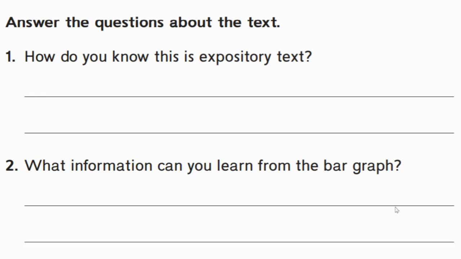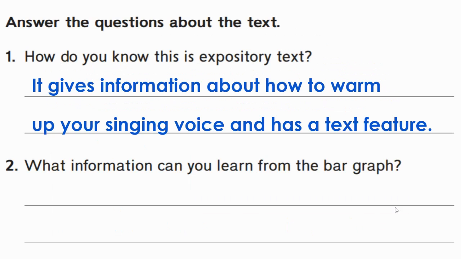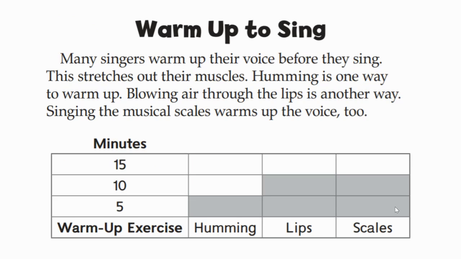Let's answer some questions about the text. How do you know this is an expository text? Well, second graders, does it give you facts and information about a topic? It sure does. What is the topic you are learning about in this text?